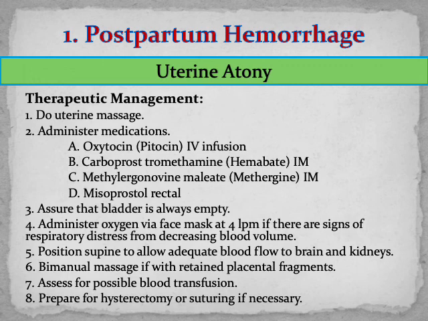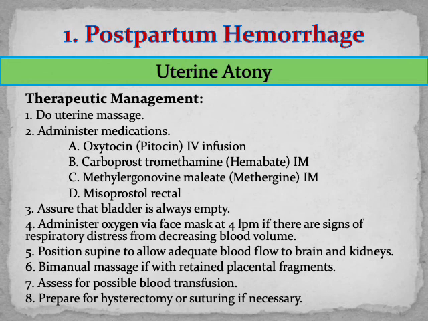Second is to administer meds. Oxytocin via IV infusion. You can give additional 10 to 40 units in 1 liter of D5LR or lactated ringer solution. 1 hour short duration of action lang siya, pero effective siya to readily contract the uterus.